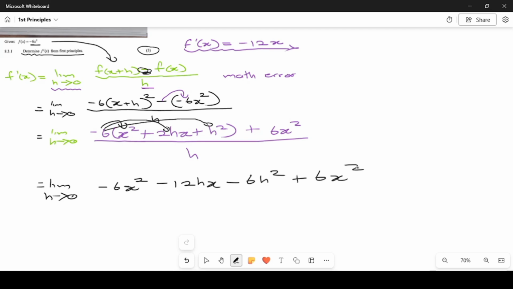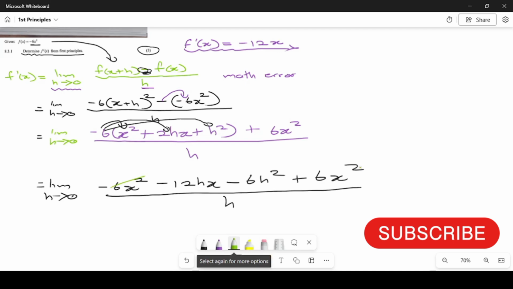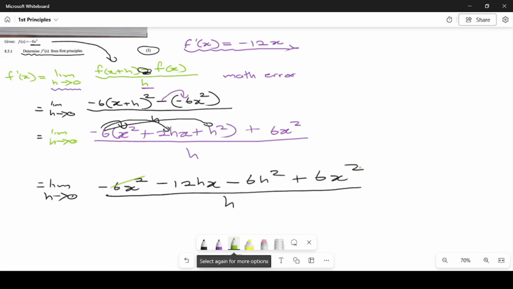If you're quick, you will see that the minus 6x squared here and the plus 6x squared there cancel, right? If you've been practicing, you'll see that those two are quick to cancel out. So there's no need for you to rewrite them.